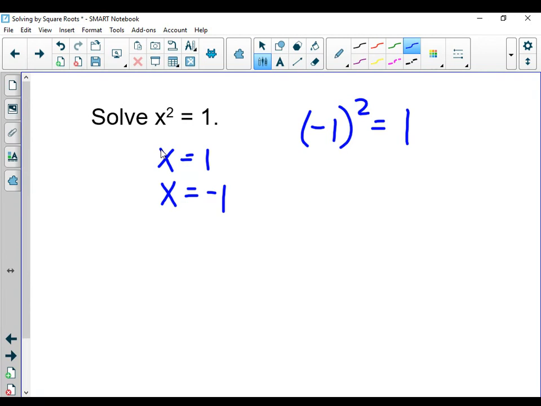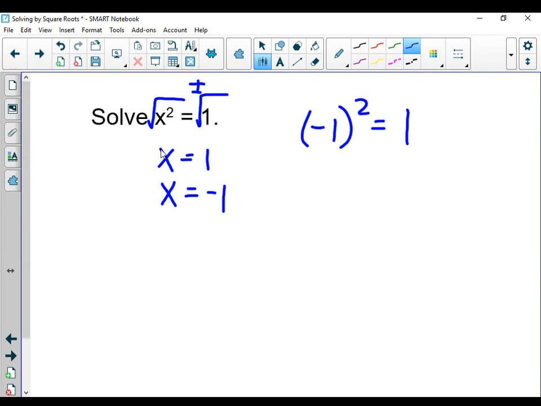So how we're going to solve these problems: how do you get rid of a square? What do you think is the opposite of a square? A root. So basically, my rule says, if you put the square root, you have to put a plus or minus. What I mean is, if I take the square root of both sides, I have to include a plus or minus.